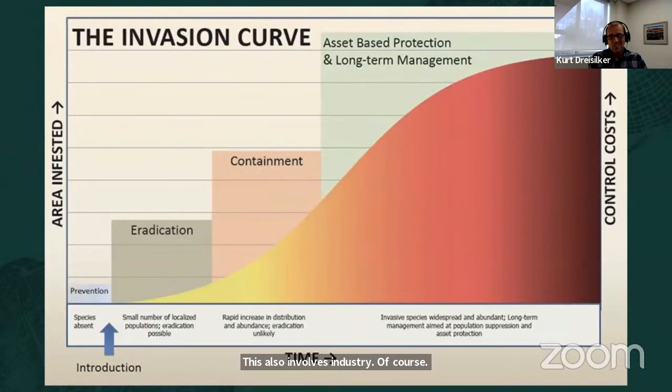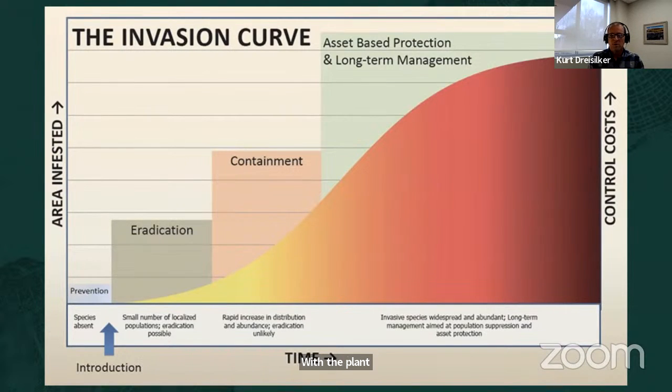So I'm not going to belabor the point about this invasion curve. I suspect that most of us on the call today have a really good grasp of what this means. However, I just want to make the point that most of us are probably familiar with dealing with the plant populations on the right side of the curve.